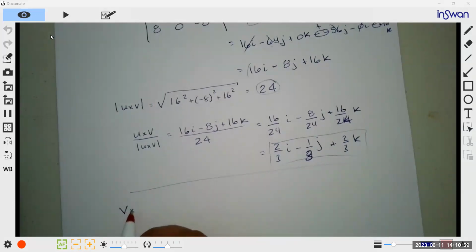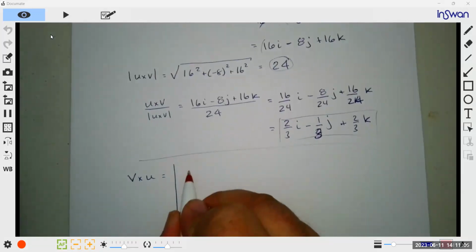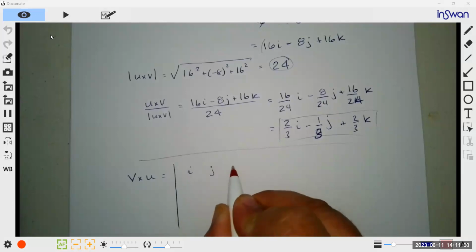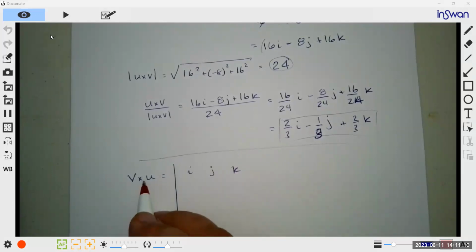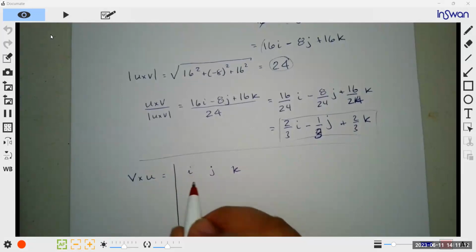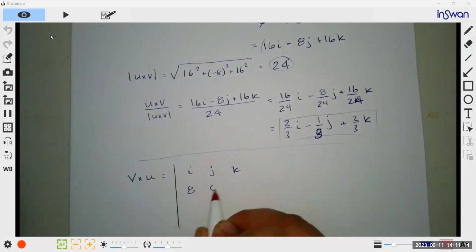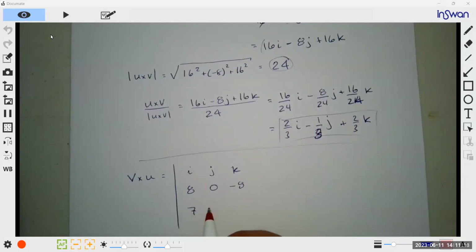Now we do v cross u. i, j, k. Now the v vector goes first. So it's 8, 0, negative 8. So all we do is switch the second and third lines.